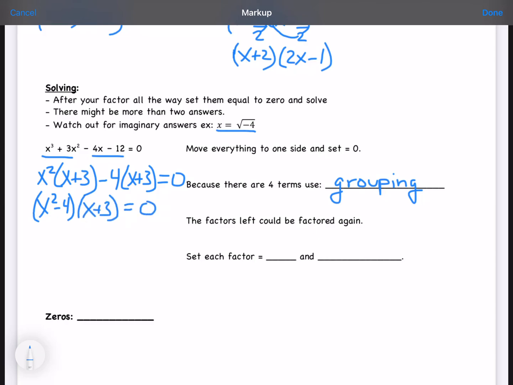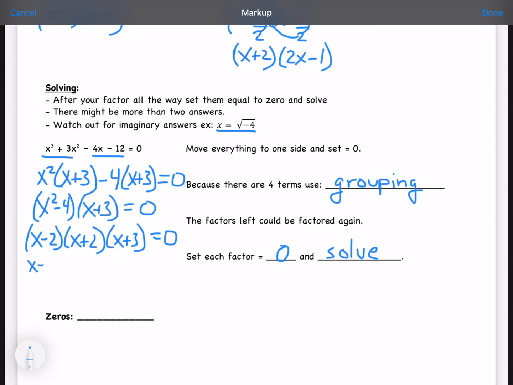Now, x squared minus 4, we can factor that out again by using the difference of squares. So that's x minus 2 times x plus 2 times x plus 3 equals 0. That's completely factoring. We set each factor equal to 0 and we solve.